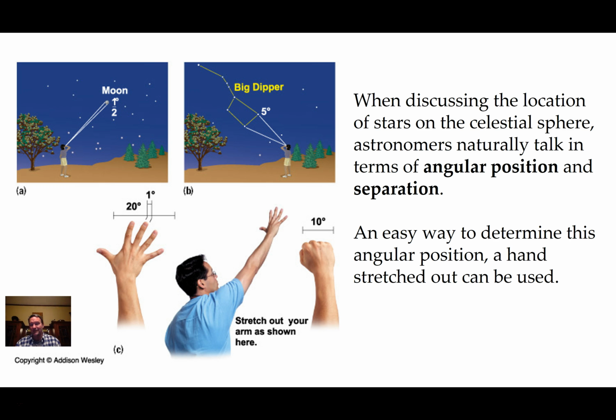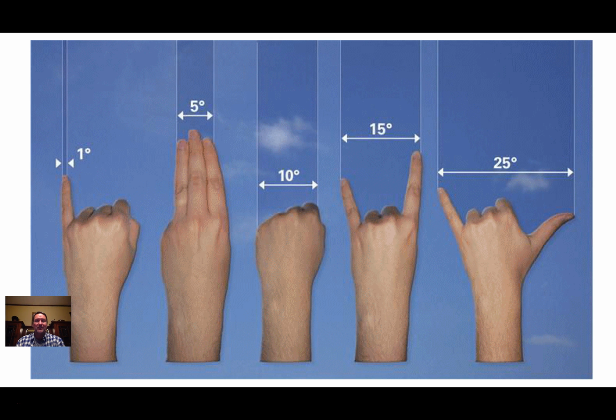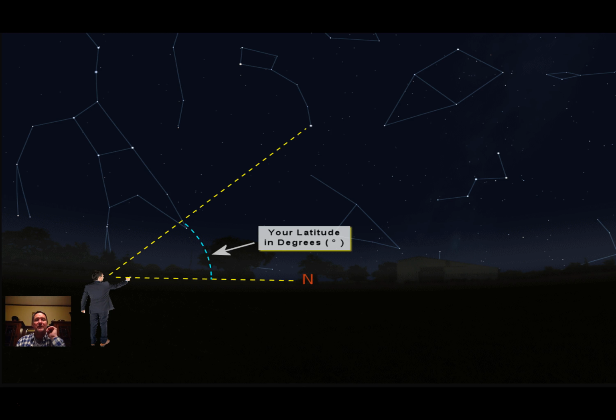Oh wow, there's Saturn. So you can use angular separation between objects to determine what some of those objects are. Again, not that big of a deal. Here you can see some of the hand signals that we use. Pinky is 1 degree, then 5 degrees, 10 degrees, 15, and so on. Just an easy way to navigate the night sky.